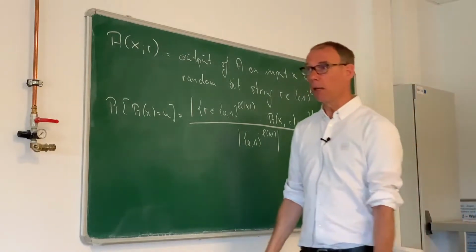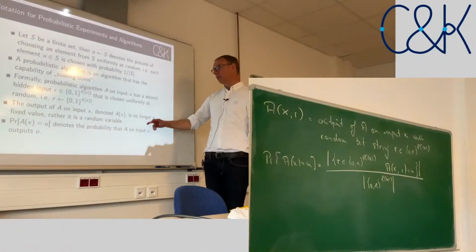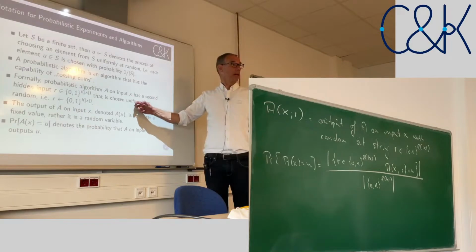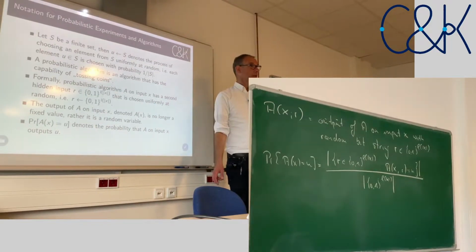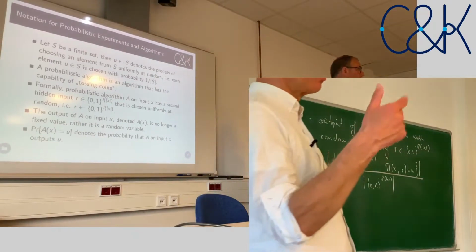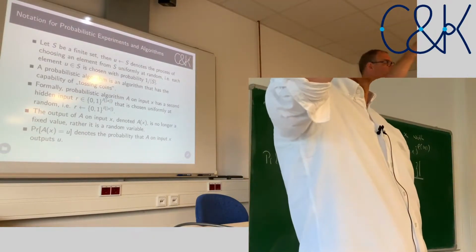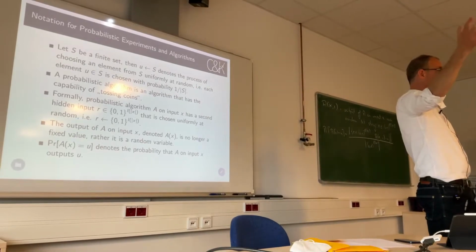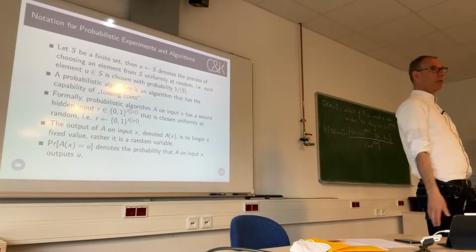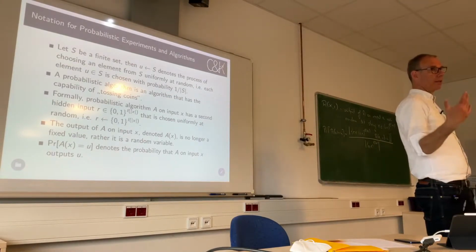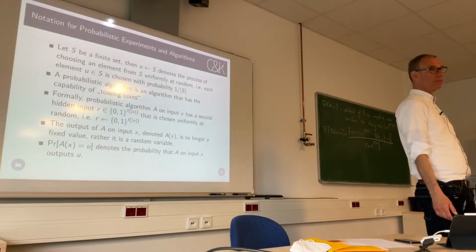This is because I assume that this truly is uniform. If you have a uniform distribution, it's always the number of things that lead to the event that you want divided by the size of the random space itself. Okay.